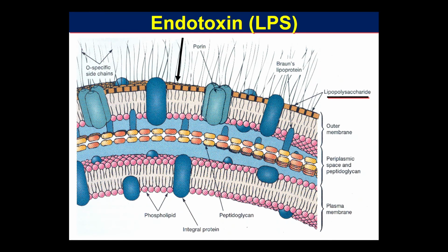The outer membrane consists of phospholipids and an external layer of lipopolysaccharide. Every molecule of lipopolysaccharide consists of polysaccharide side chains, a polysaccharide core, and two molecules of fatty acid. This lipid is named lipid A, and lipid A has the toxic capacity.